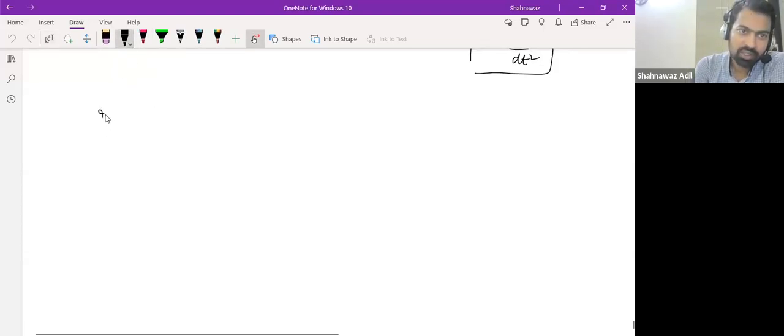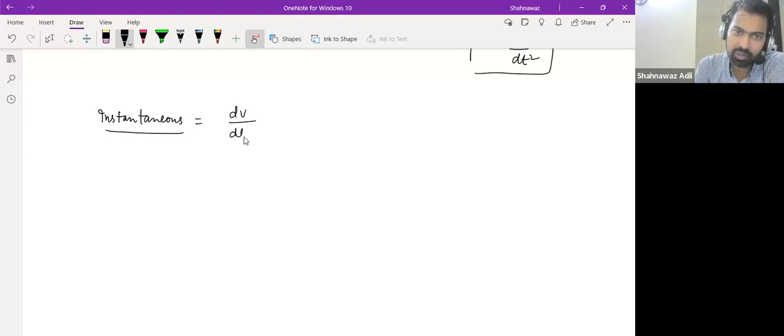Okay, so instantaneous acceleration is simply the differentiation of velocity with respect to time, right? And we also know that instantaneous velocity is dx by dt, right?